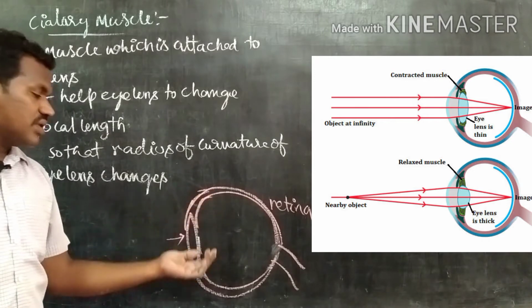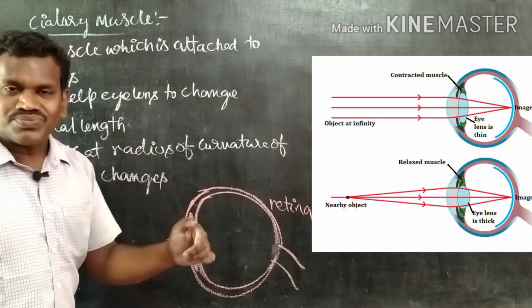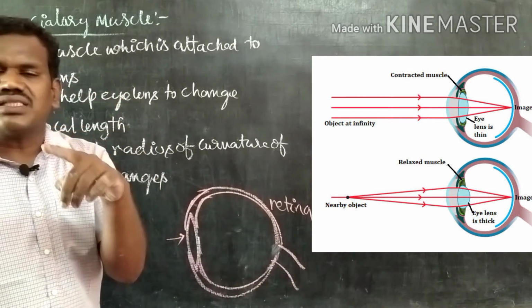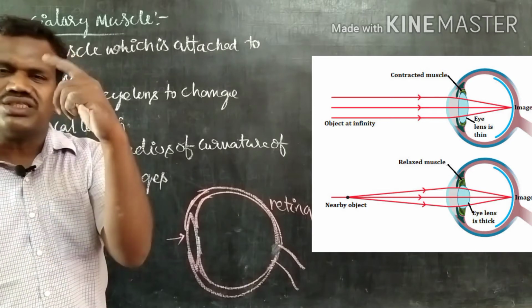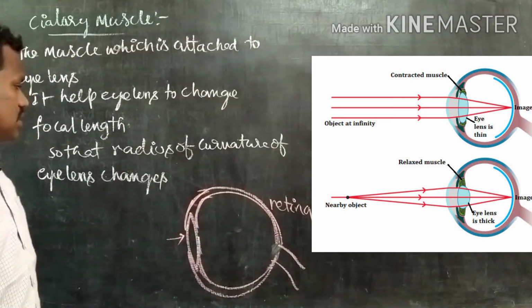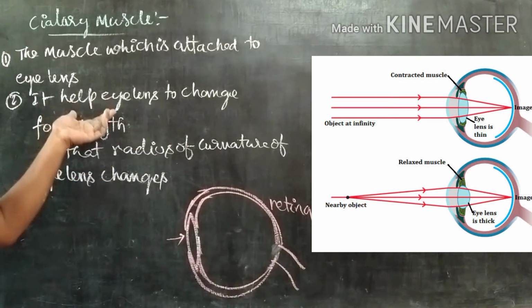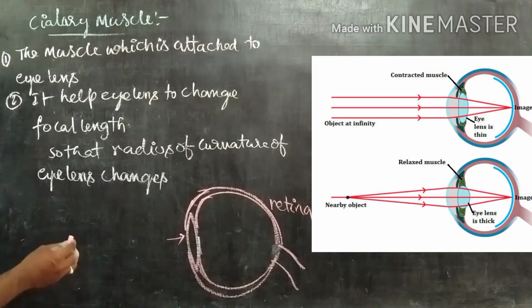How do the ciliary muscles control the focal length of the eye lens? That means the eye lens focal length is a changing one. The eye lens automatically changes its focal length under the control of the ciliary muscles. Where there is a change in the focal length, automatically there is a change in the radius of curvature. Why?